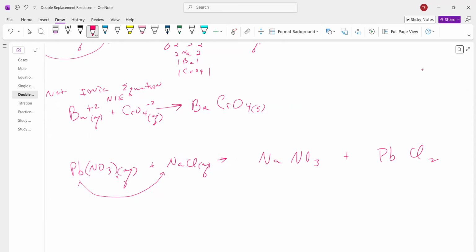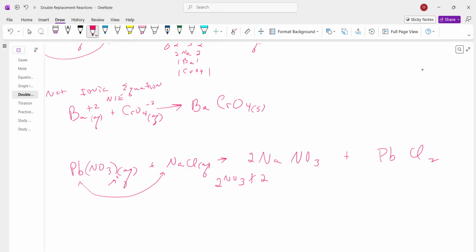How many nitrates on the left? NO3s. Two. Oh, yeah, I didn't see that. I know, that's because I forgot to put it there. All right. So now we have two on the right also.